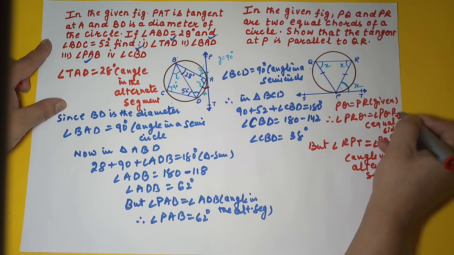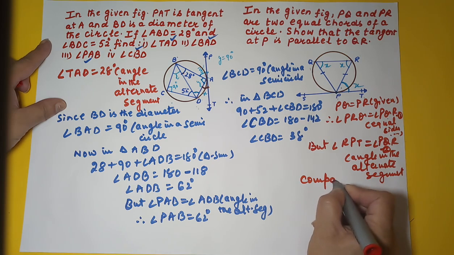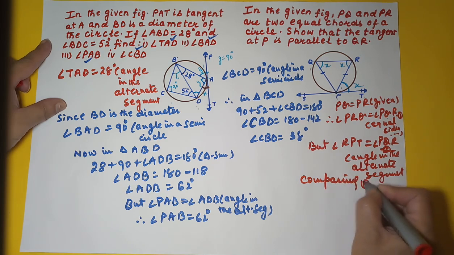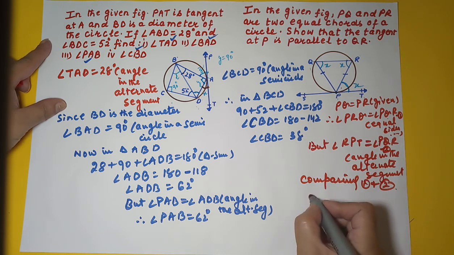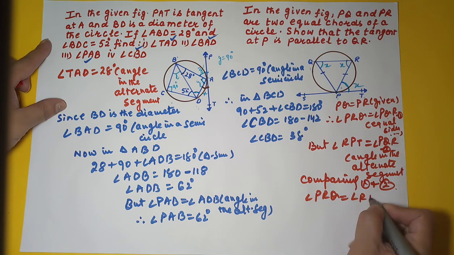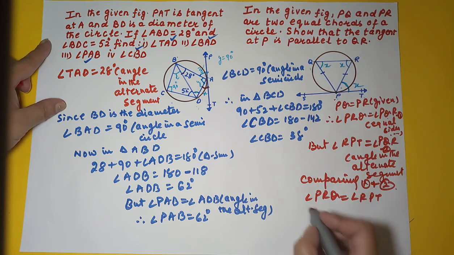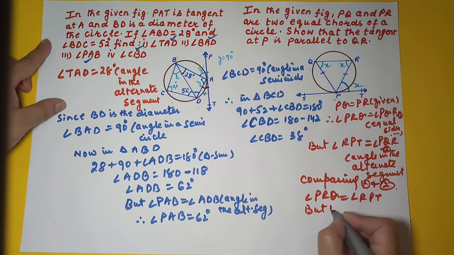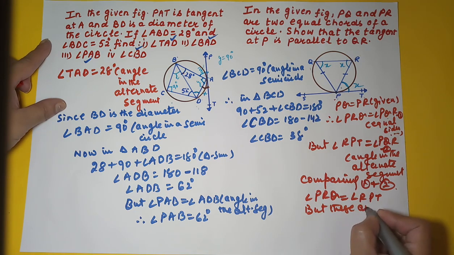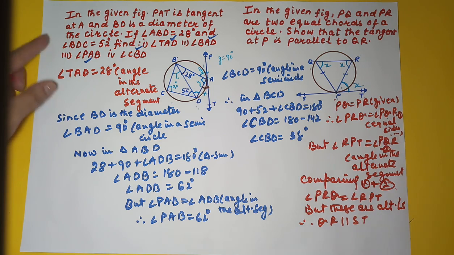So this is my first equation. This is second. If you compare first and second, you will get angle PRQ is equal to angle RPT. RPT is equal to PRQ. But these are alternate angles. Therefore, you can say that QR is parallel to ST. Right?